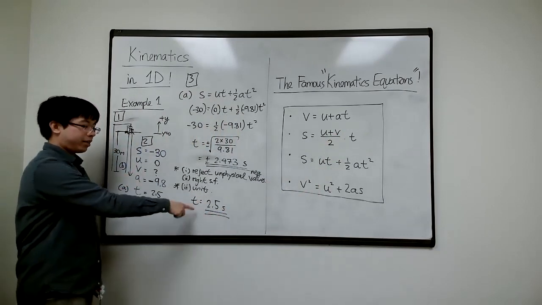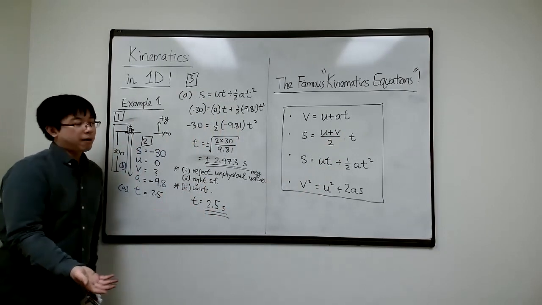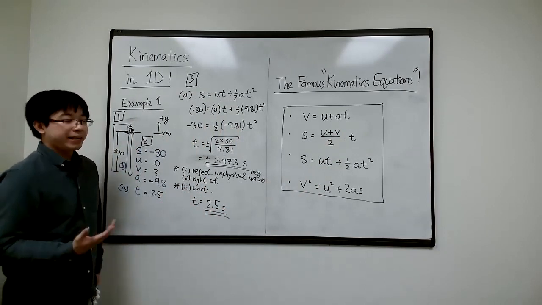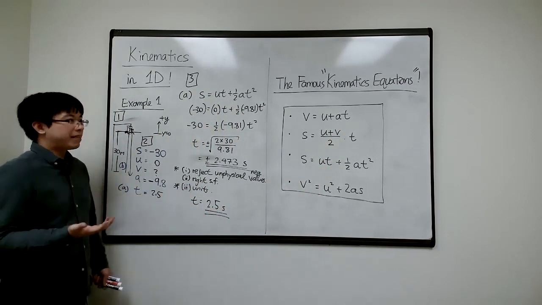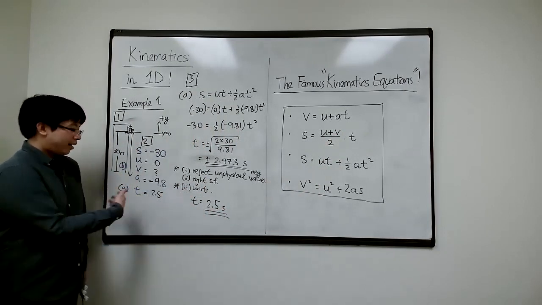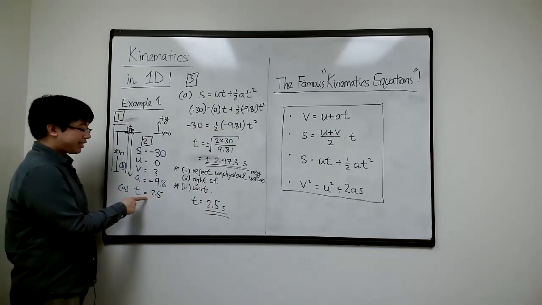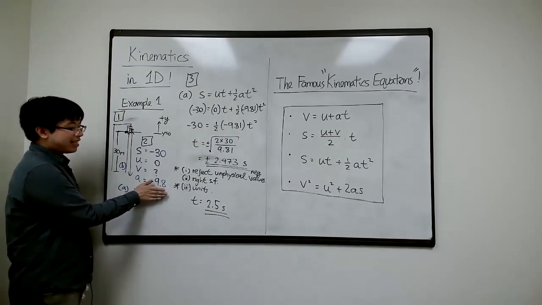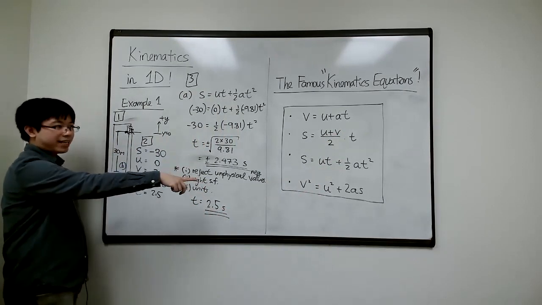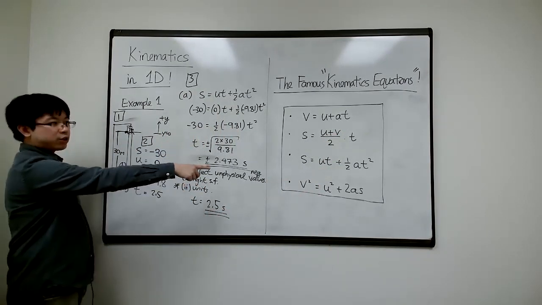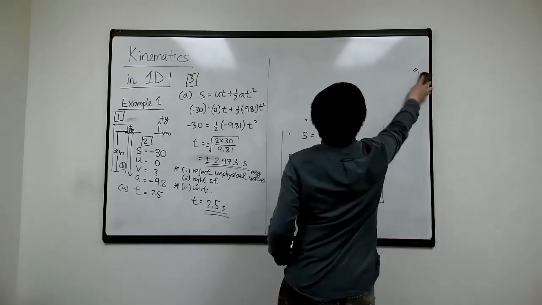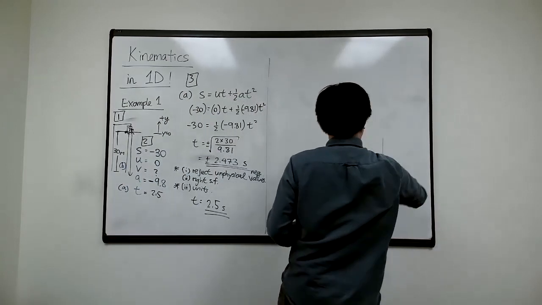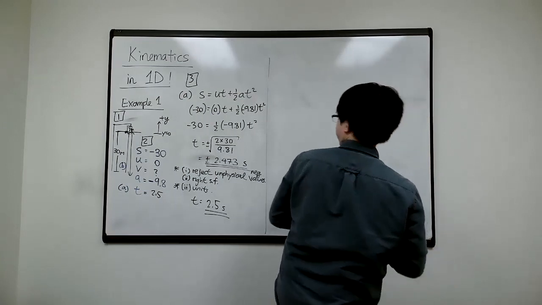So if you use any errors from part A and do part B correctly, you'll have full credit for part B on its own. However, if you just want to be sure, why not? Let's pick one without T. So we won't even utilize this, and we'll pick one with no T. Can you find it? It's the fourth one, V squared equals U squared plus 2AS. So let's use that one. So now it's completely independent of my part A answer.